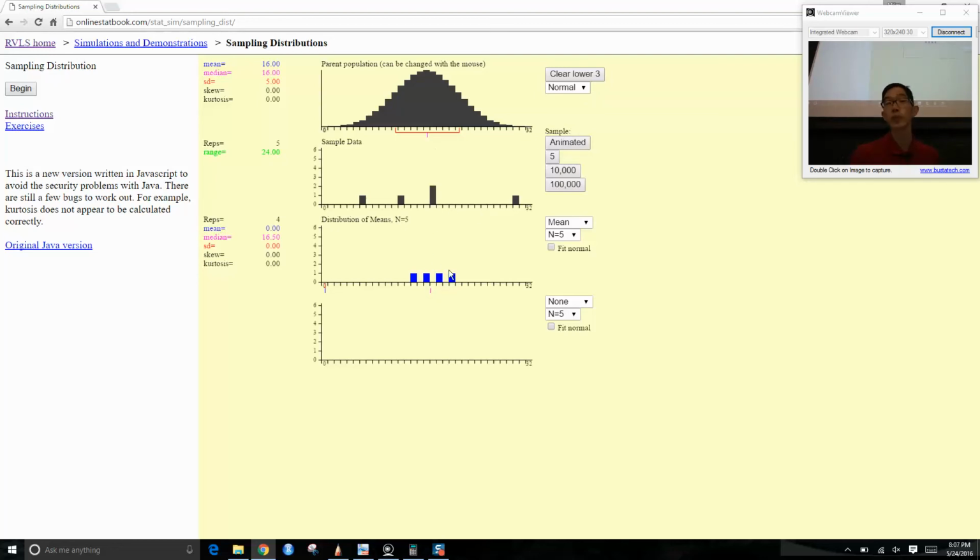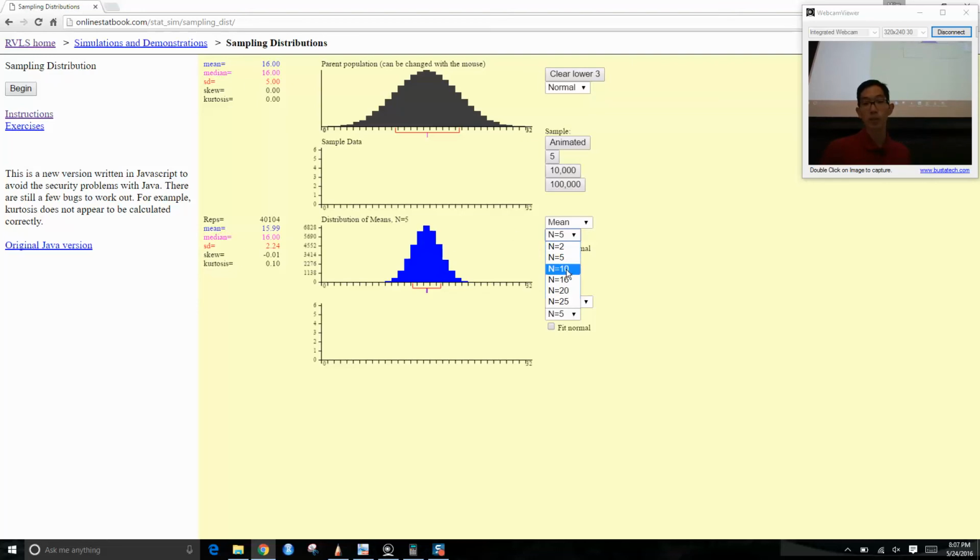Okay? And I can do this several at a time. And we can see after many repetitions, we get a normal distribution, but it's a lot skinnier. Okay, the spread is smaller.